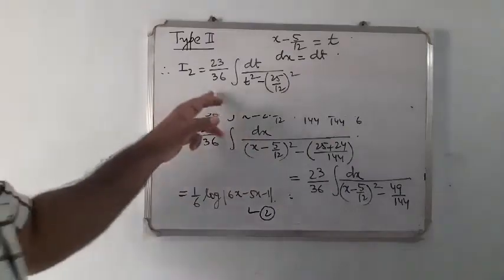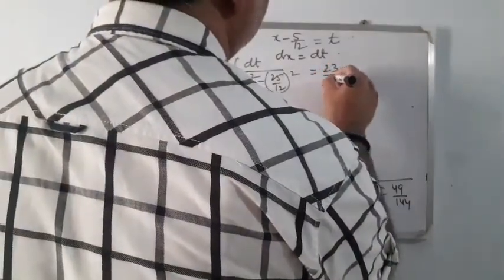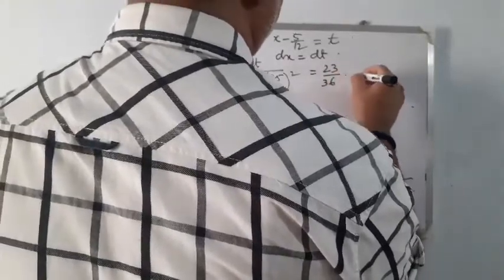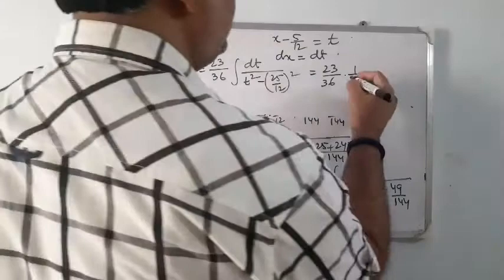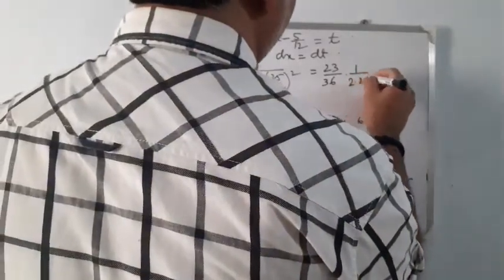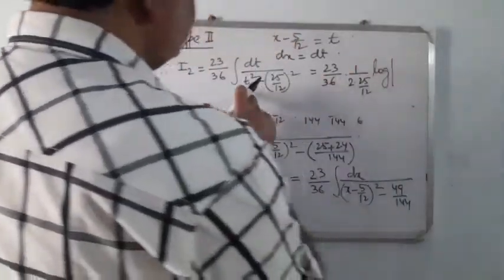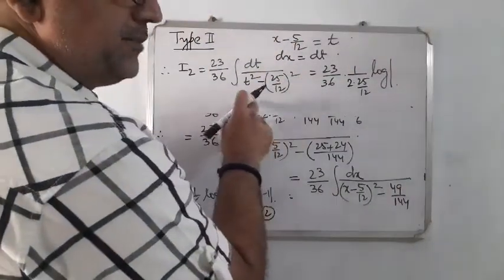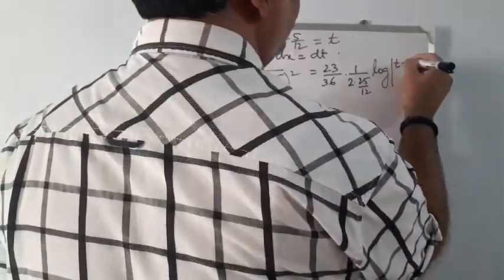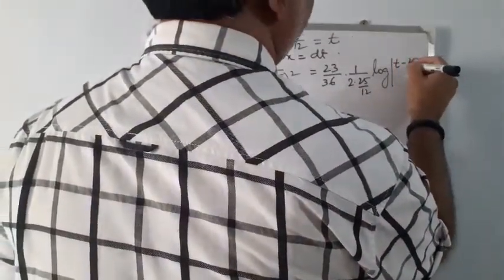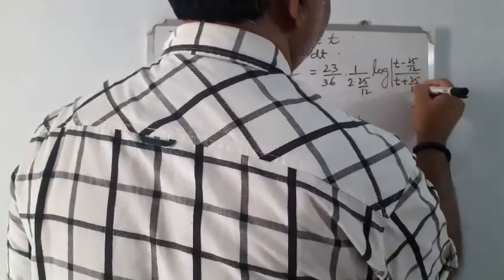Now what happens? This is equal to 23 by 36 into 1 by 2a. 1 by 2a must be here. 2 into 25 by 12 log mod, that is x minus a by x plus a. So what happens? T minus 25 by 12 divided by t plus 25 by 12.